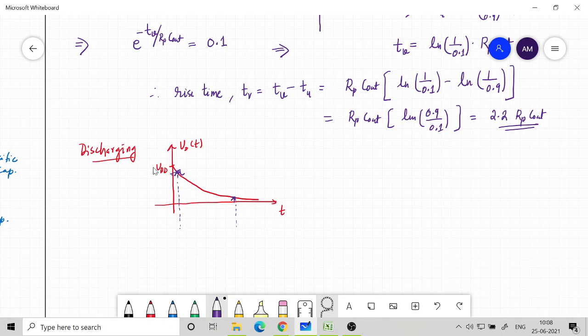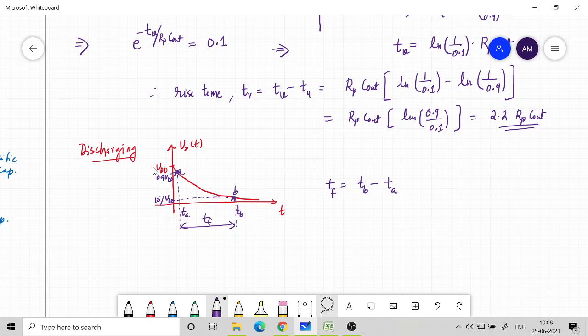You can name them A and B, so this is TA, TB. The difference between TB and TA is what we call the fall time. This is 0.9 VDD, and this is 10% VDD. So the fall time is TB minus TA.